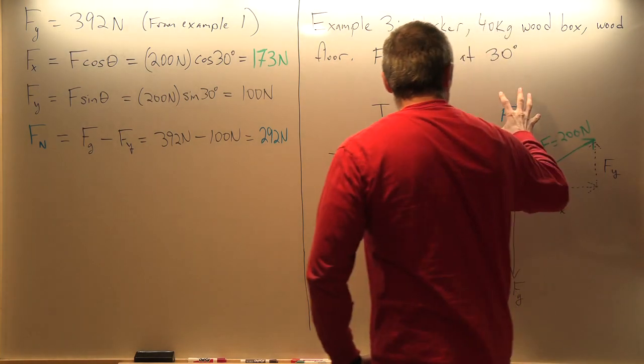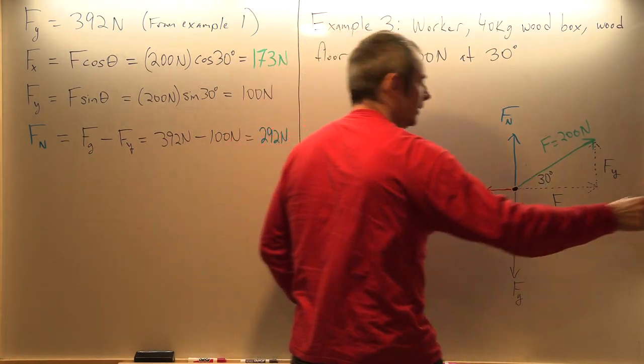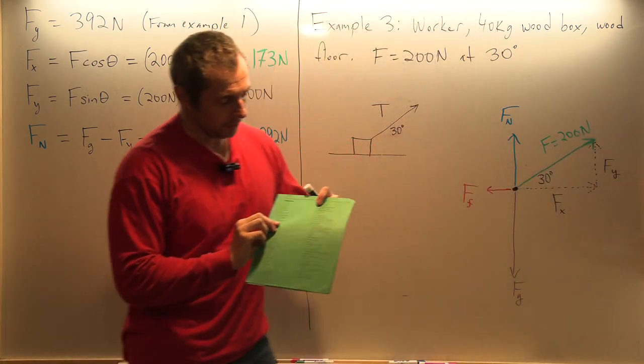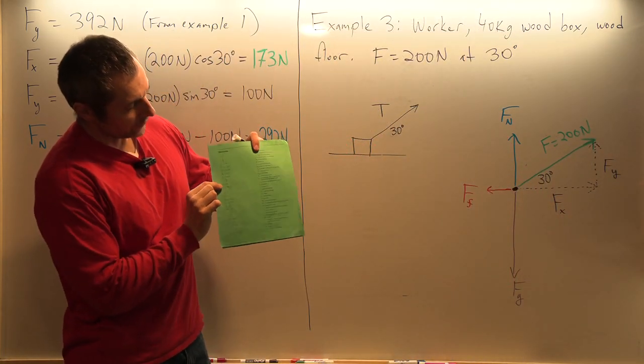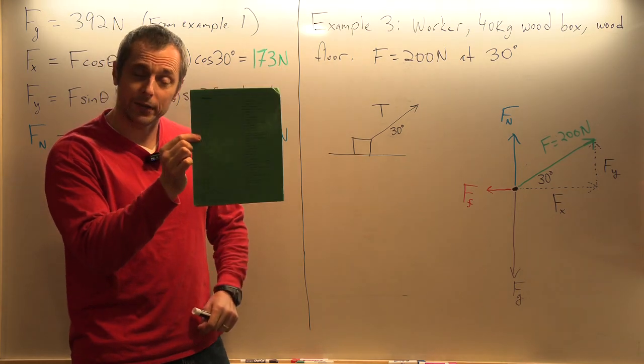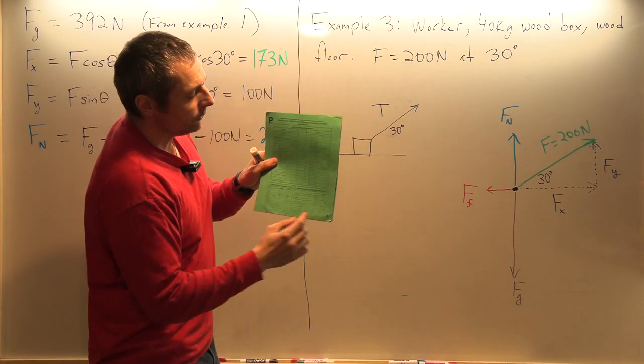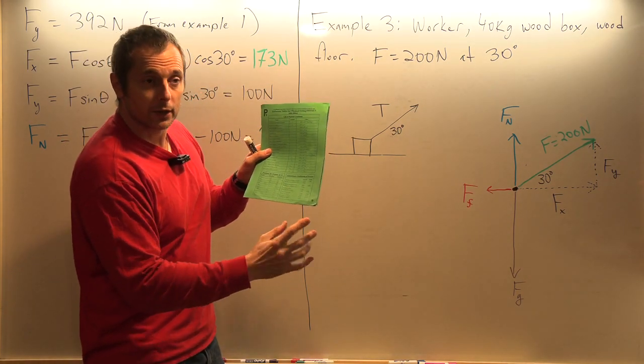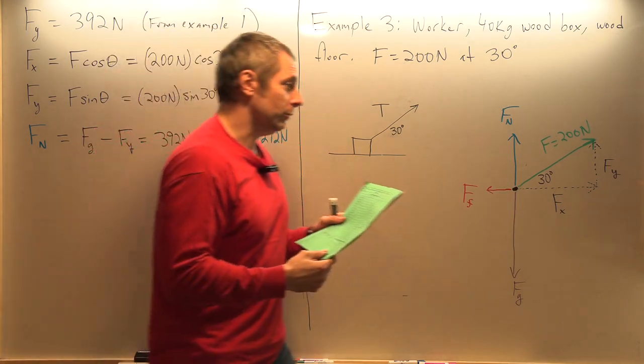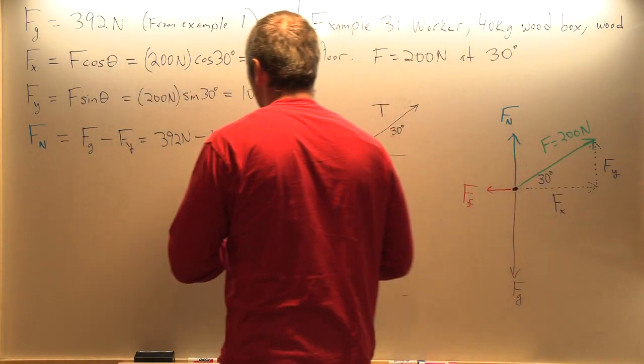Okay. Now, finally, once I have normal force, I can get friction because I have this formula. Force of friction is coefficient times normal force, on the back of the reference table. On the front of the reference table, I have wood on wood kinetic, which is 0.3, as it was last time in the last example problem.